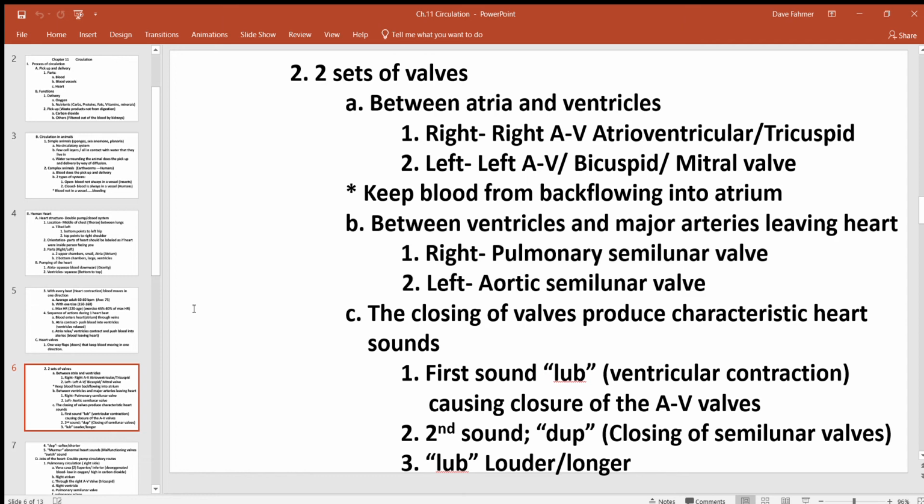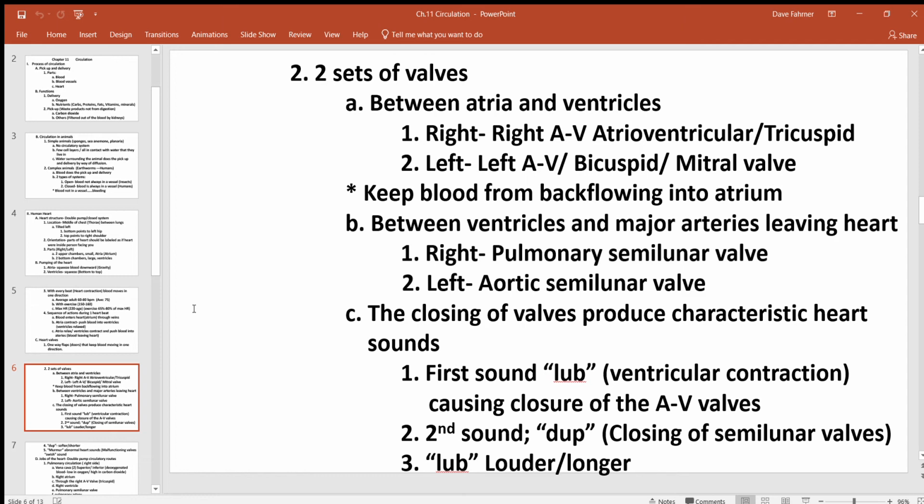Now, between the ventricles and the major arteries leading from the heart, you're going to have what are called semilunar valves. Semilunar, lunar meaning moon, semilunar meaning like a half moon shape. And there are three of those cusps that make up each of the semilunar valves.